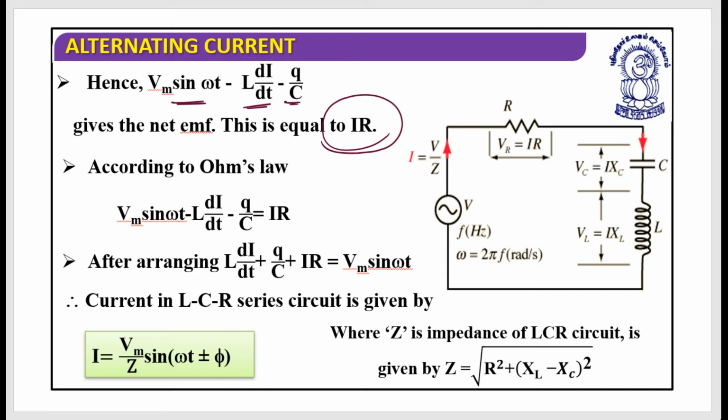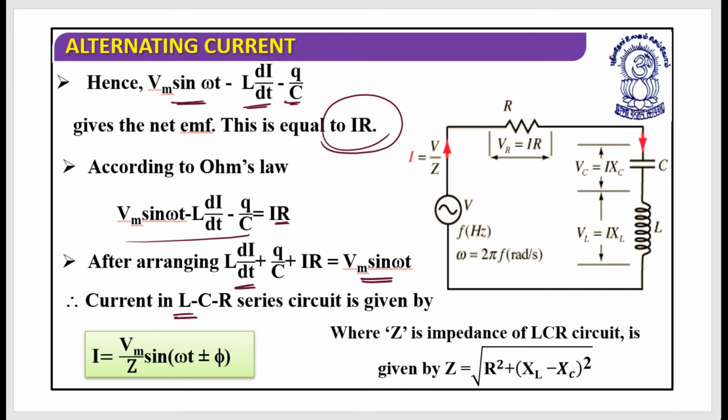So according to Ohm's law, IR equals Vm sin omega t minus L di by dt minus Q by C. From this, L di by dt plus Q by C plus IR equals Vm sin omega t.